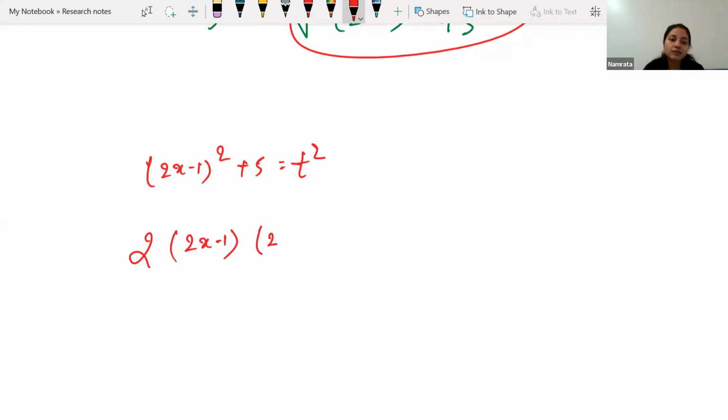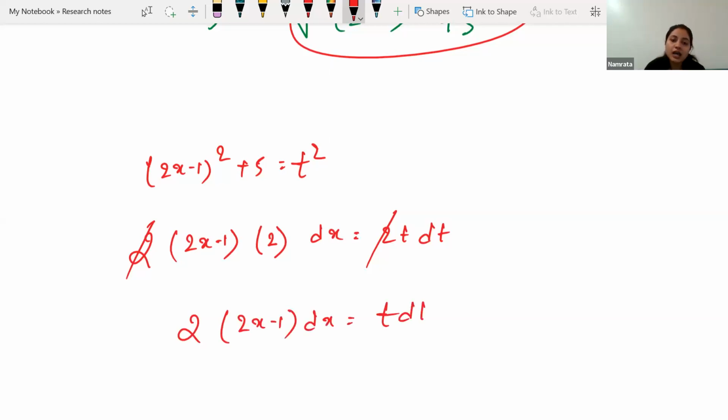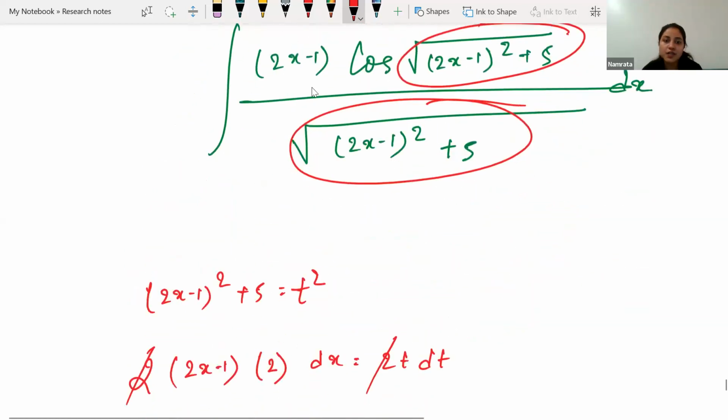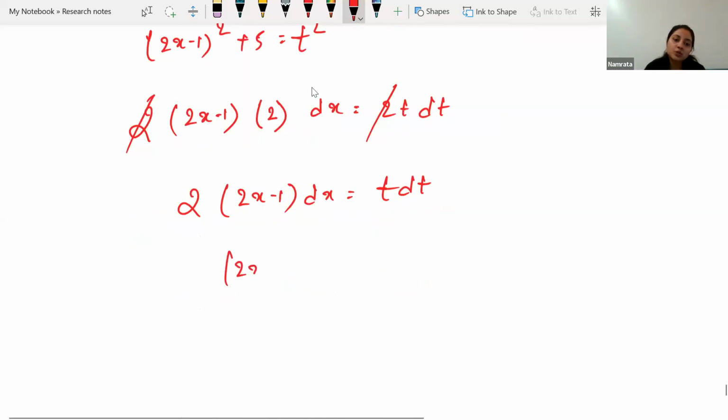So still we will be having 2. 5 will become 0. dx is equals to 2t dt. 2 and 2 will cancel out. So we will be having 2 times 2x minus 1 dx is equals to t dt. Are we having 2 times 2x minus 1 in the numerator? We are having 2x minus 1. So 2x minus 1 dx is equals to t dt over 2.